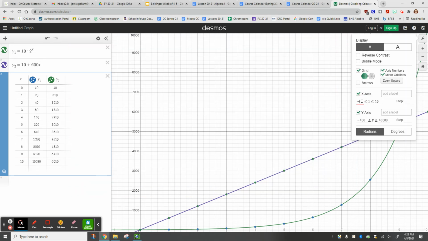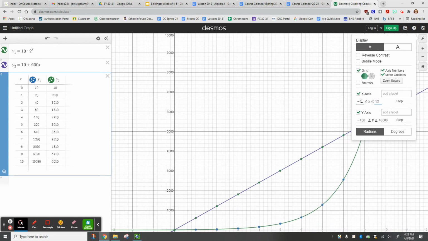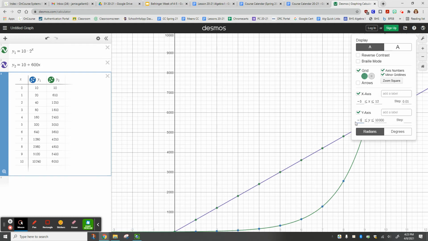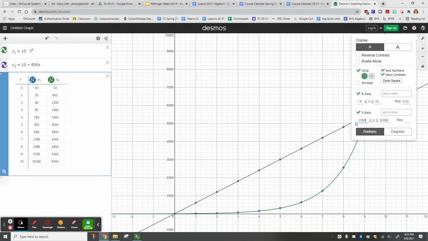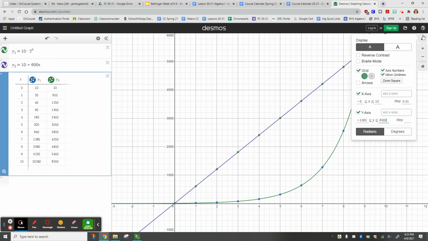So if I change this from -3 to 12, and it also says with a step of 0.01, and that should change our, oh well, it's not doing that though. And then our range, we're going to go from -1,000 to 6,000. So we're not going to look at the top of the graph, just kind of right here.